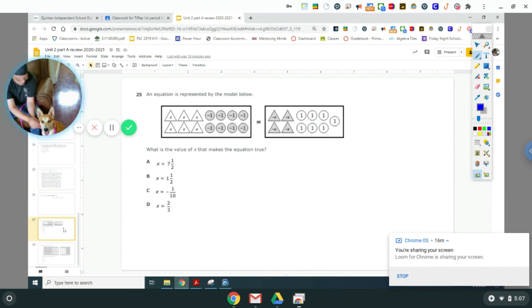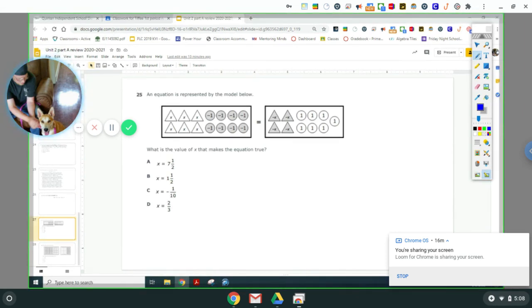Okay, the equation is represented by the model below. What is the value of x that makes the equation true? So we're going to write the equation, and then we're going to solve the equation. So the first thing says we have 6x minus 8 is equal to negative 4x plus 7. So then we're going to solve. So I'm going to add 4x to both sides.